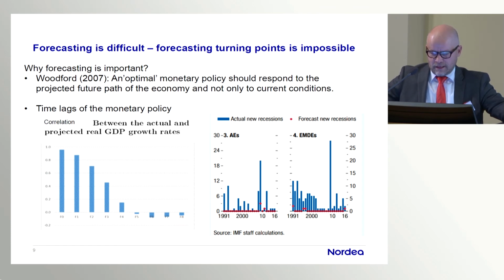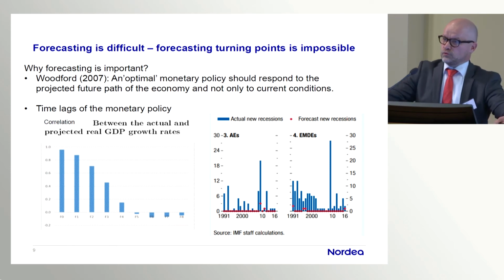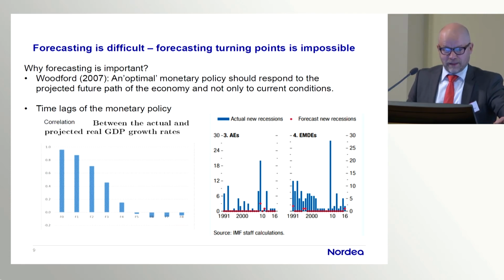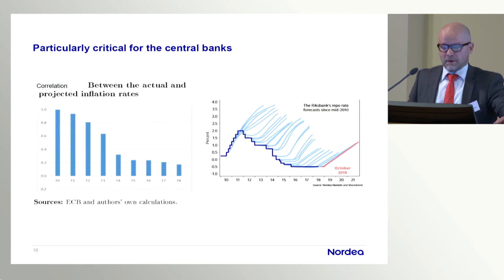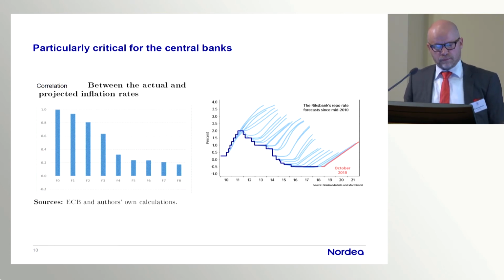The right-hand side figure shows how the IMF has fared in this business. The IMF has been able to forecast 9 recessions out of 212 recessions during the past 25 years. So they haven't been that good either, and I can't claim that I would be any better in this respect. But this is of course very important for you because you should know where inflation is heading, and that's why we should do all the possible things to improve our forecasting abilities.